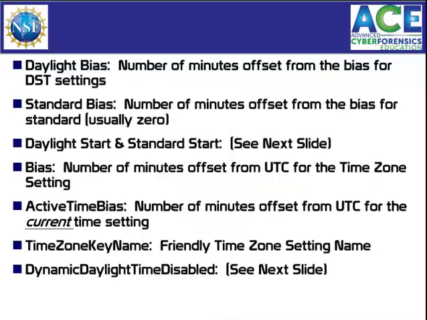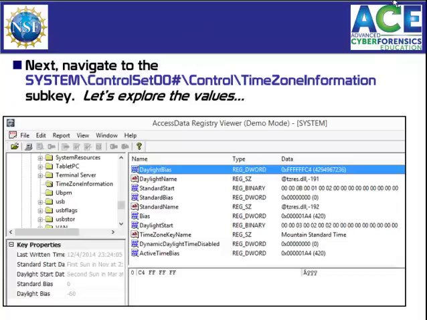The DaylightBias is the number of minutes offset from the bias for the daylight savings time settings, and the StandardBias is the number of minutes offset from the bias for standard, usually 0. Okay, so when we talk about the StandardBias, the value is 0. What that means is that there's no bias, there's no difference in standard versus standard. So there's a 0-minute variance.